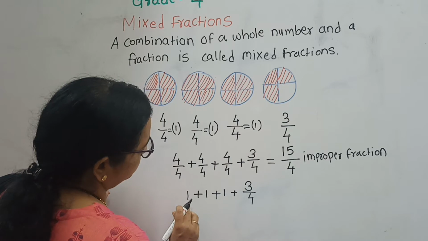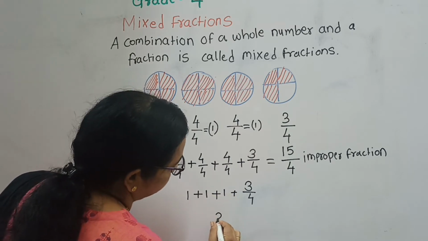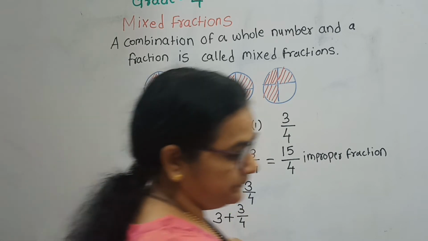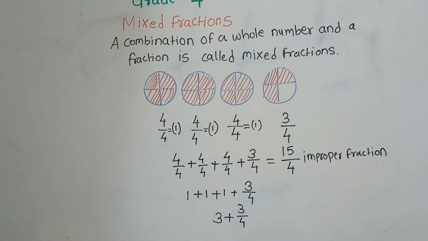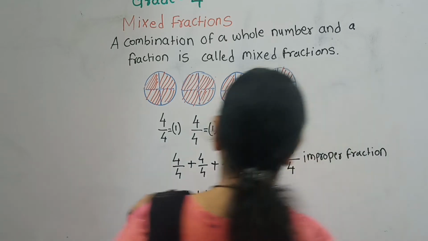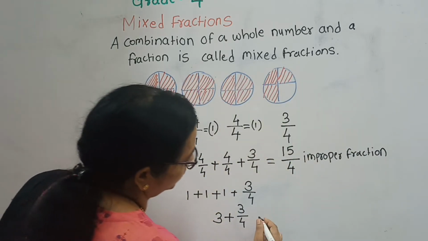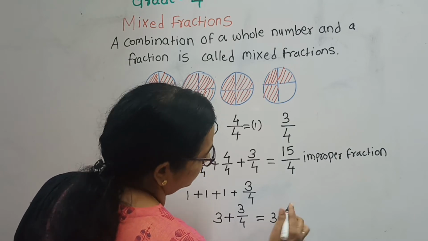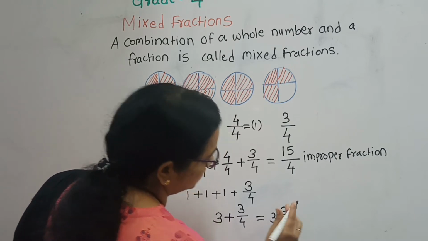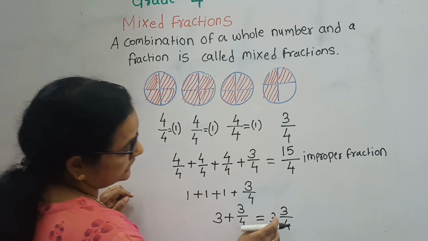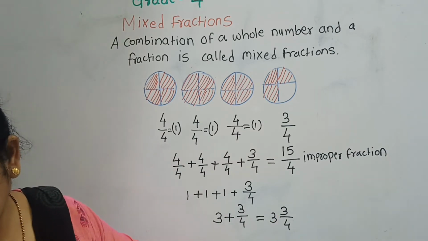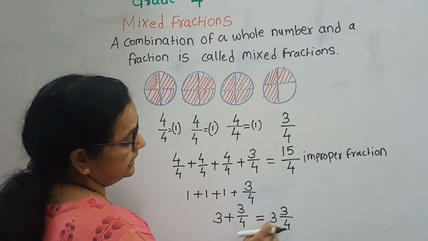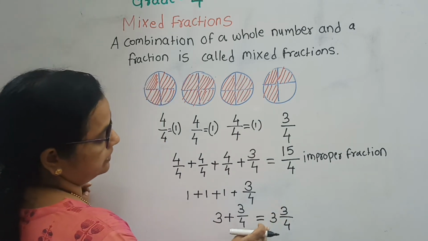When we add 1 plus 1 plus 1, it is 3 plus 3 upon 4. Yes children. And this 3 plus 3 upon 4 is 3 whole and 3 upon 4. Now see here, this 3 is a whole number, and 3/4 is a fraction.